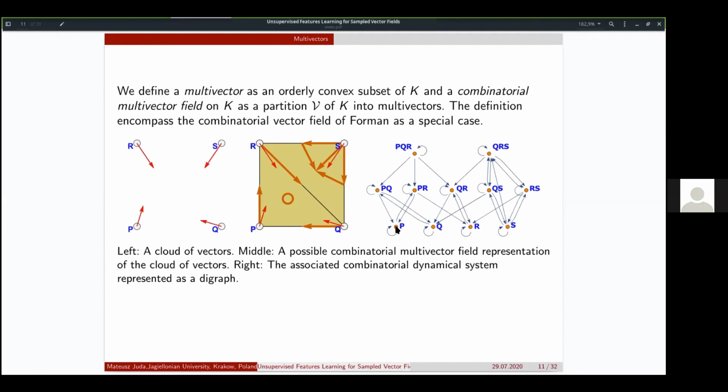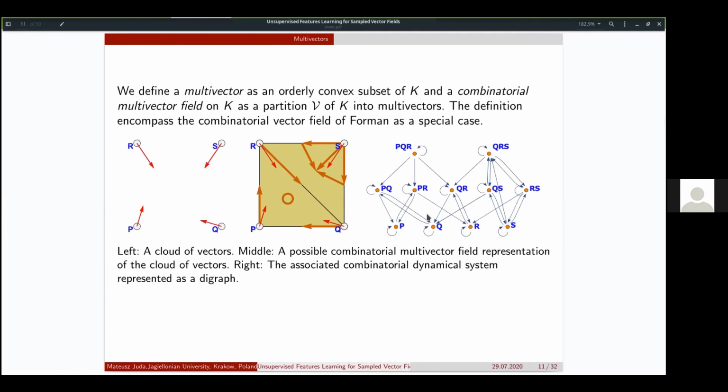So from P we put an additional arrow going up from the vertex P to PR. The same for the other vertices Q, R, and a different situation is in the vertex S, because here from vertex S we assume that the vector of the vector field is pointing into the triangle QRS. So let's mark this information on the poset. So this is this edge here.